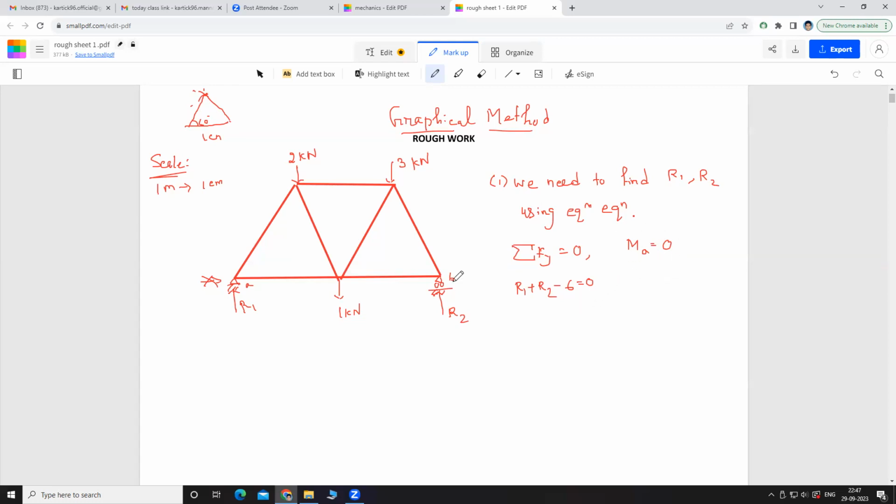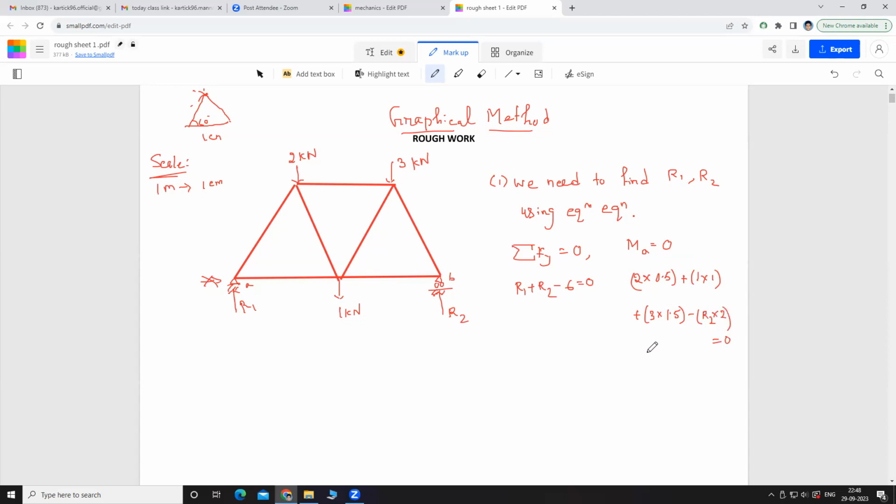Now what will be the moment about point A? 2 into 0.5, plus 1 into 1, plus 3 into 1.5, minus R2 into 2 is equal to 0.